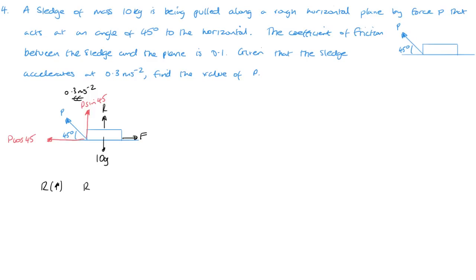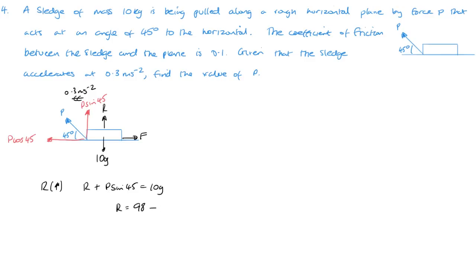So starting again, R plus P sine 45 equals 10g. So R is 98 minus P sine 45. Now sine 45 is 1 over root 2 or root 2 over 2.